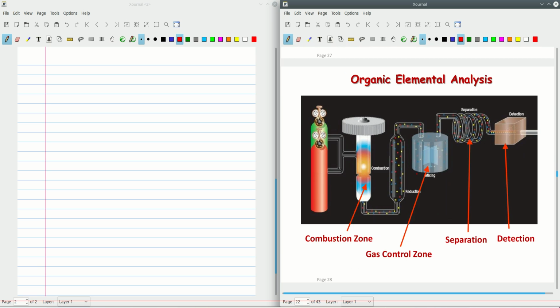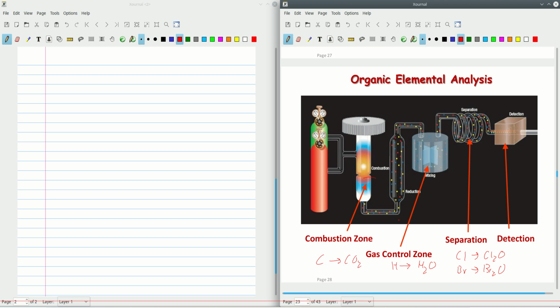So what happens in organic elemental analysis is we take our sample, and it gets fully combusted. When it's fully combusted, any carbon goes to CO2, any hydrogen goes to H2O, any chlorine will go to Cl2O, any bromine will also go to Br2O or other oxides. It's irrelevant as long as you know which oxide it is.